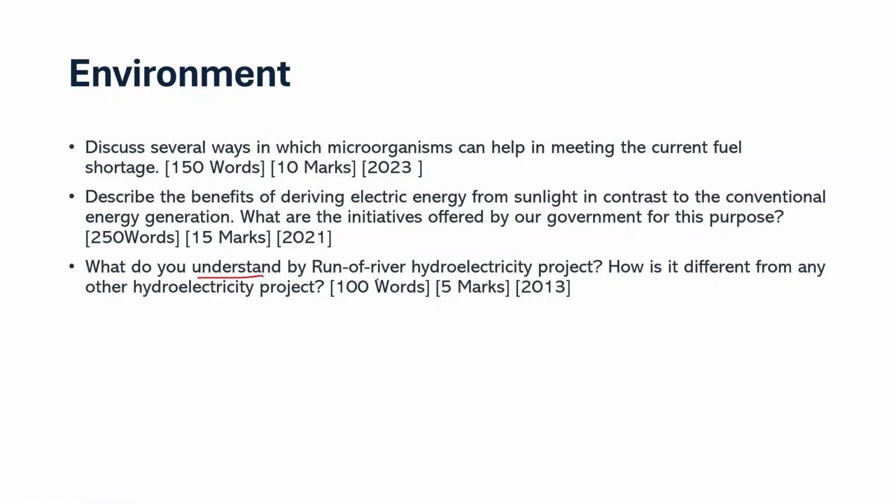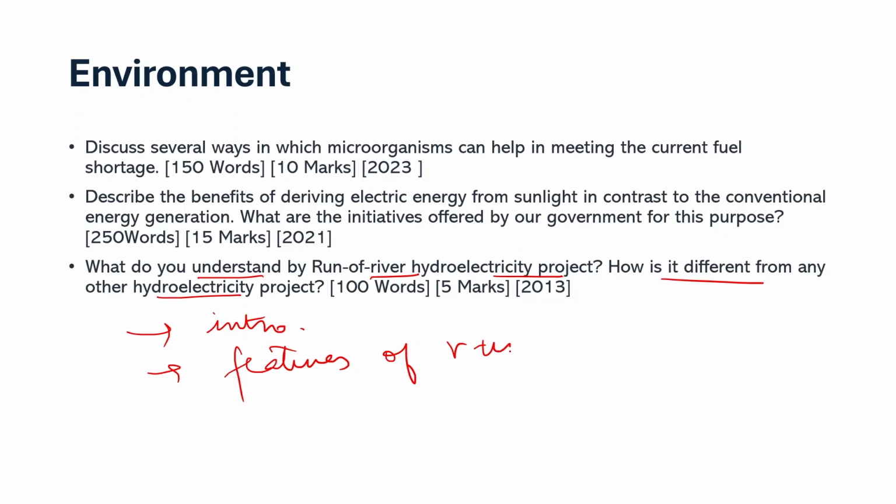Then look at the next question. What do you understand by run of river hydroelectricity project? How is it different from any other hydroelectricity project? Okay, again you write introduction, then you explain the features of run of the river hydroelectricity project, right?